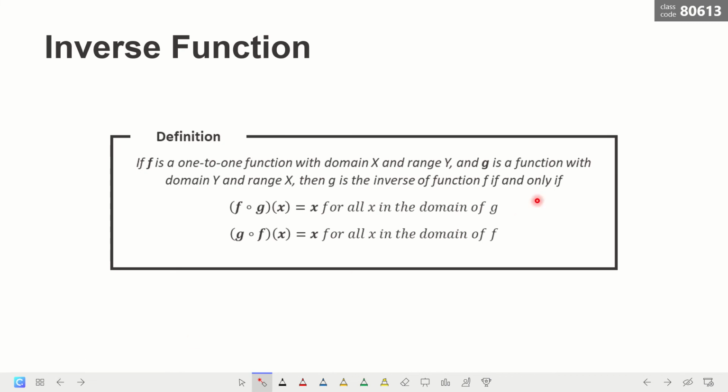So, itong definition na to, as well as the other definition, defines the properties of inverse function. So, later, we will use this to prove whether the given functions are inverses of each other.